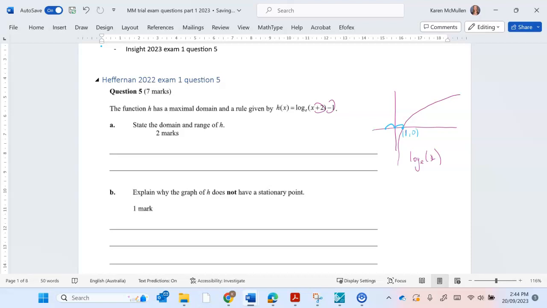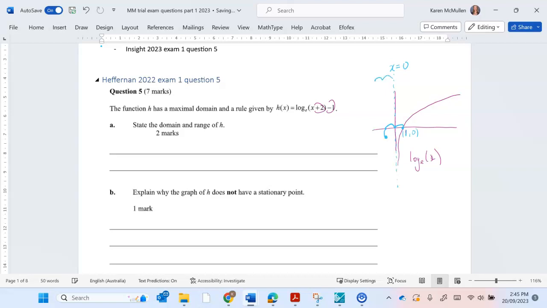So, and then we've gone down 1. Alright, so your graph still also has an asymptote, so it's got this vertical asymptote at x equals 0. So that means that asymptote has also shifted across 2.